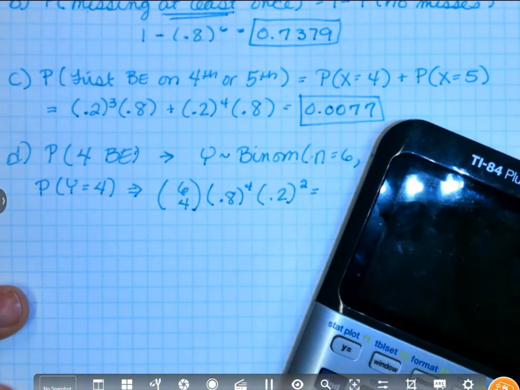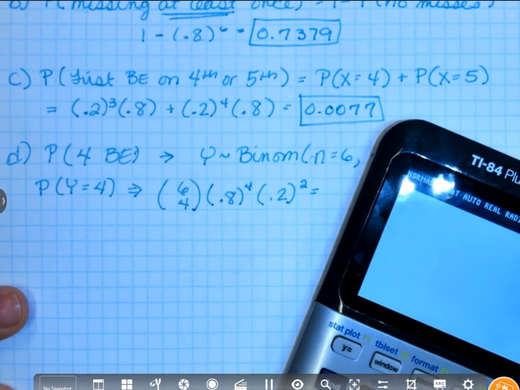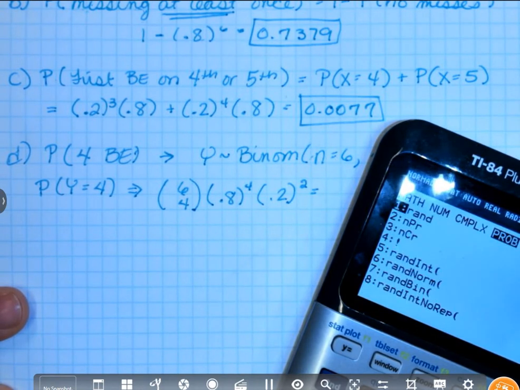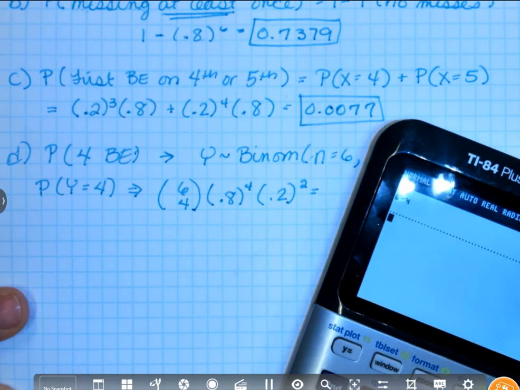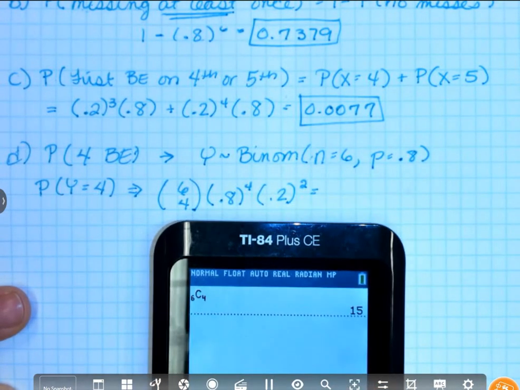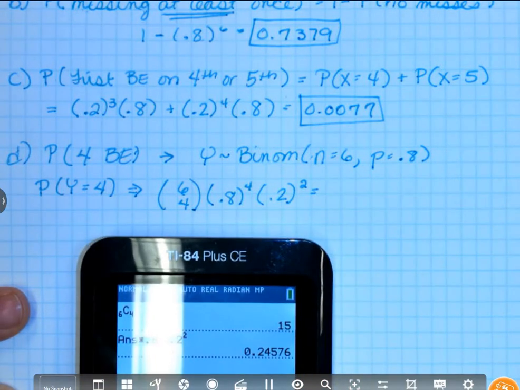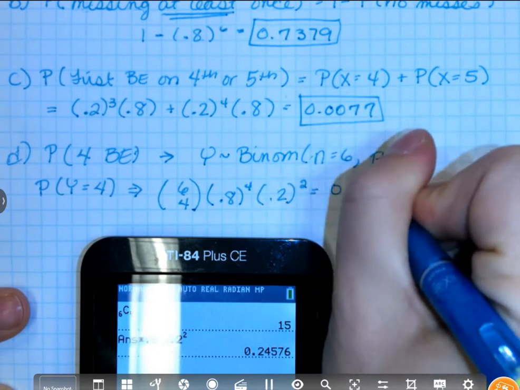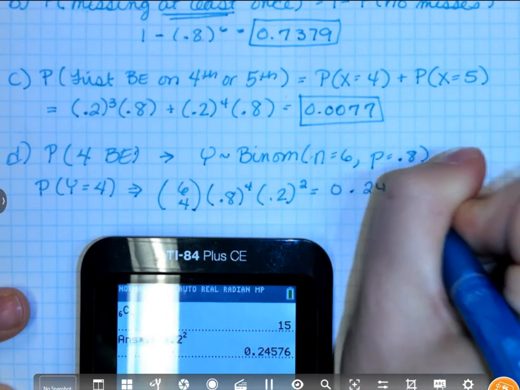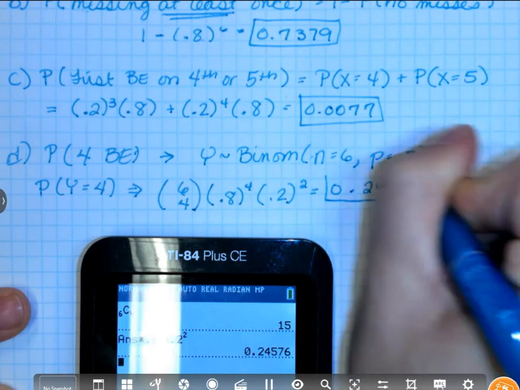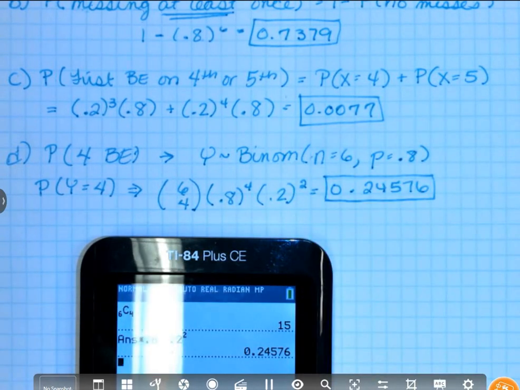So that means I'm going to do 6 C 4, which is 15, times 0.8 to the 4th, times 0.2 squared. And since that just stops nicely, I'll stop it. Okay?